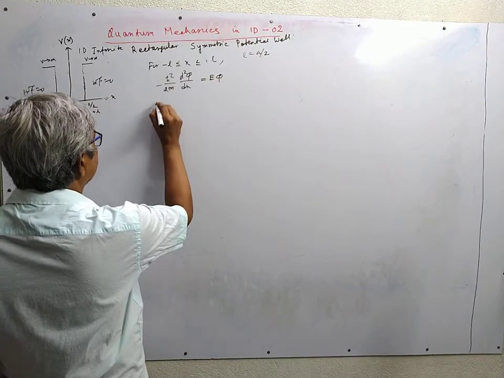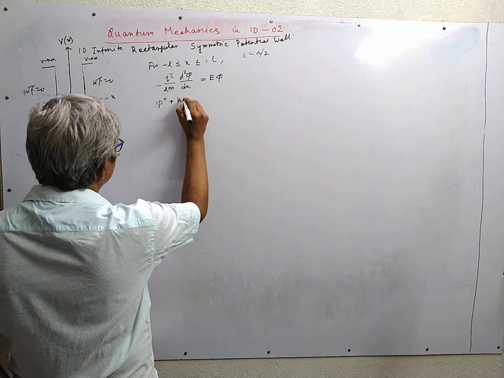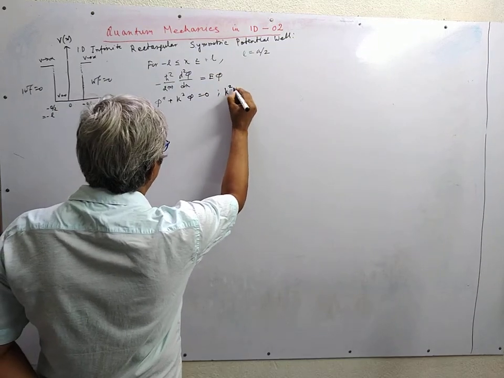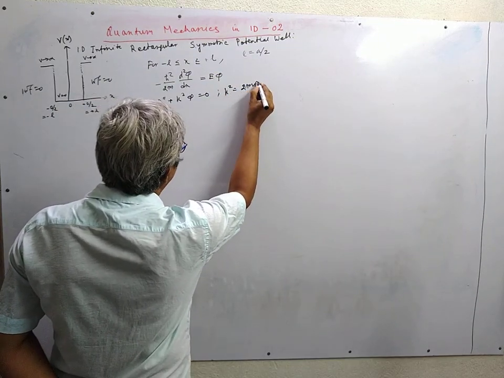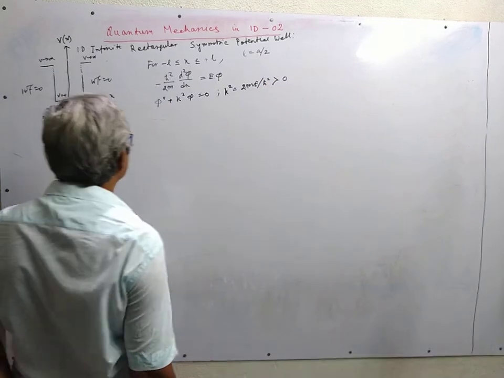The solution of the time independent Schrodinger equation, as we have done in the last class, is this, with k squared equal to twice m E by h-bar squared, and k is a real quantity.